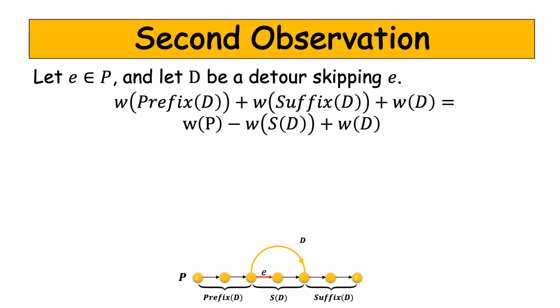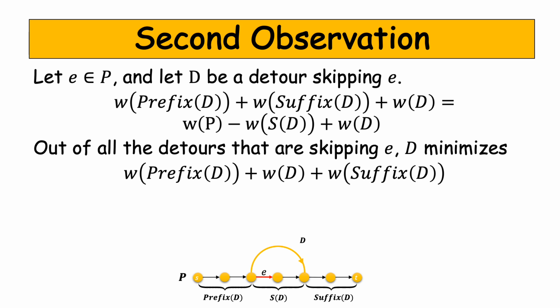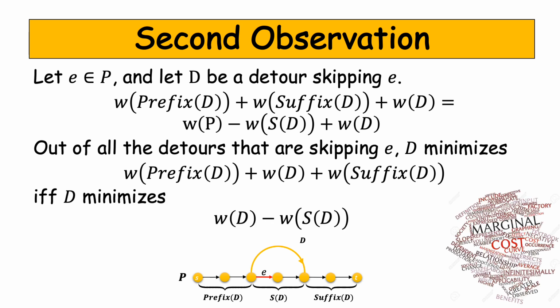Now, the weight of the path P is constant, because S and T are fixed and the shortest path P is fixed in our problem. Hence, looking for a detour that minimizes the weight of the replacement path is equivalent to finding a detour that minimizes the weight of D minus the weight of SD.